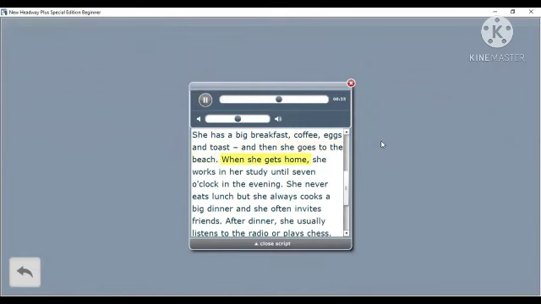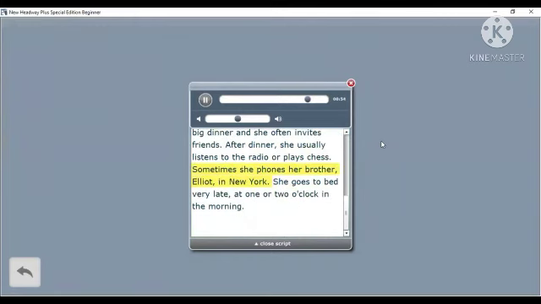When she gets home, she works in her study until 7 o'clock in the evening. She never eats lunch, but she always cooks a big dinner, and she often invites friends. After dinner, she usually listens to the radio or plays chess. Sometimes she phones her brother Elliot in New York. She goes to bed very late, at 1 or 2 o'clock in the morning.